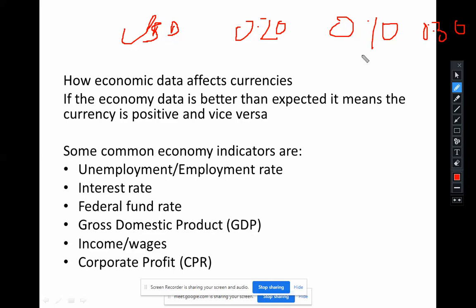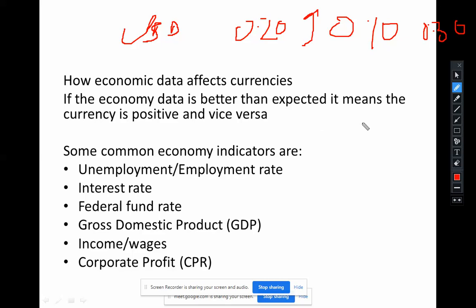But if the actual is higher than the forecast, if there's any increase over the forecast, it's better. That means it's positive, right? So in this kind of situation, the USD is positive.